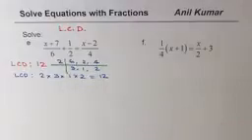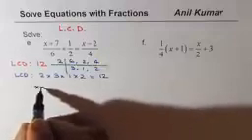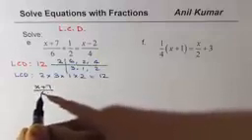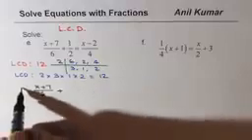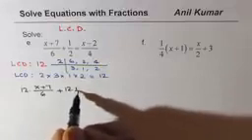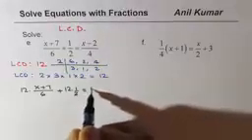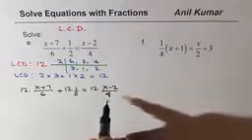Perfect. So once we find that, we have to multiply this number to all the terms. So we have (x plus 7) over 6, plus, so we are going to multiply this by 12. So that is this 12. Now 12 times half equals 12 times (x minus 2) over 4.